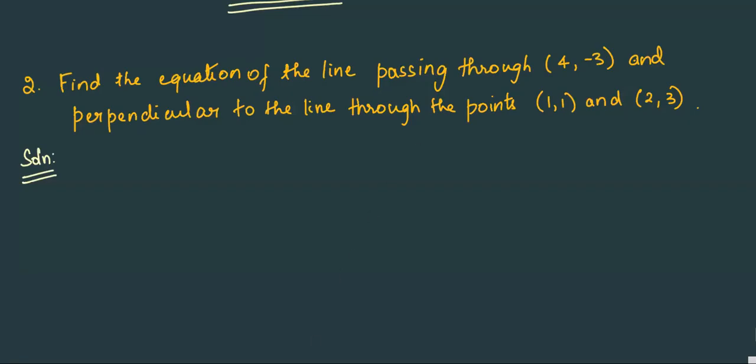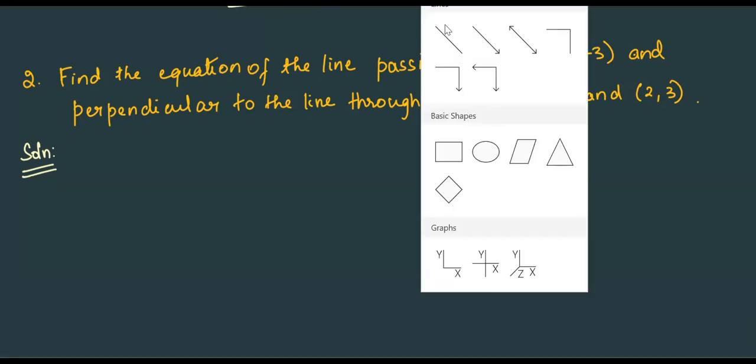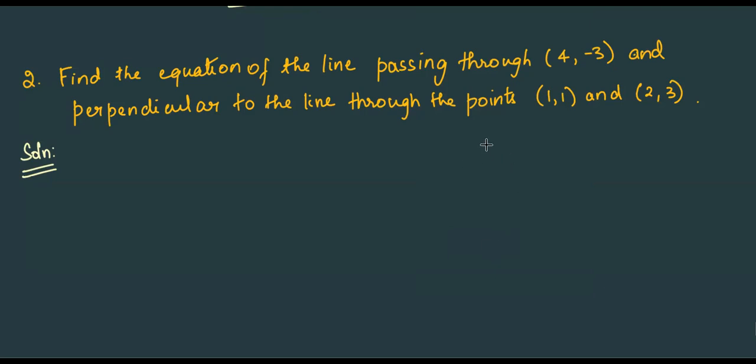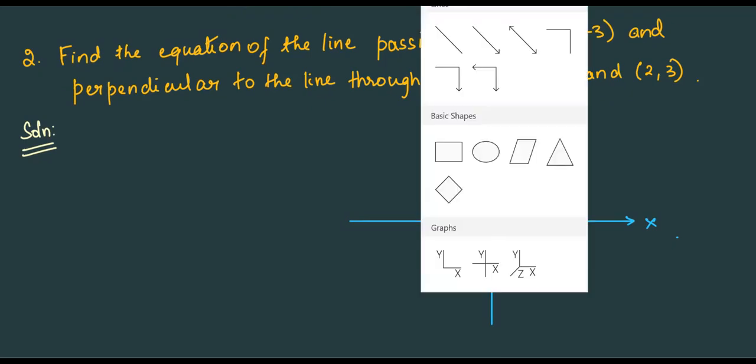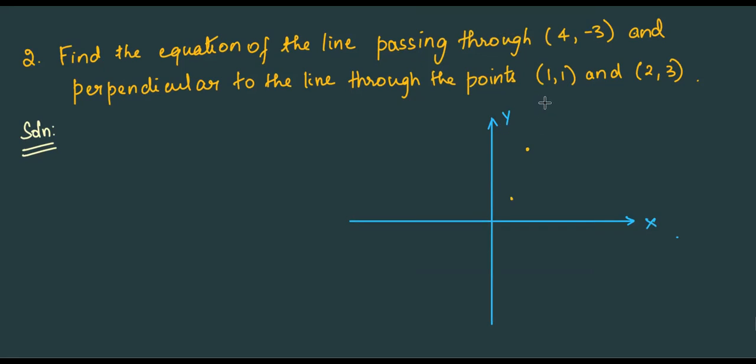Sorry, screen sharing. Now, so we have this 1 comma 1 is here and 2 comma 3 will be here. Now, this is one line through these 2 points.